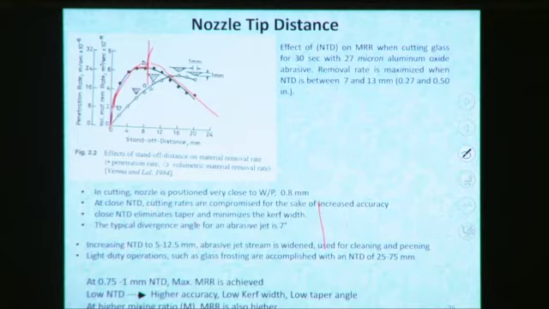It will flare out and its velocity will reduce. So after the optimal stand-up distance, its kinetic energy is reduced, and that is why the penetration rate also reduces.